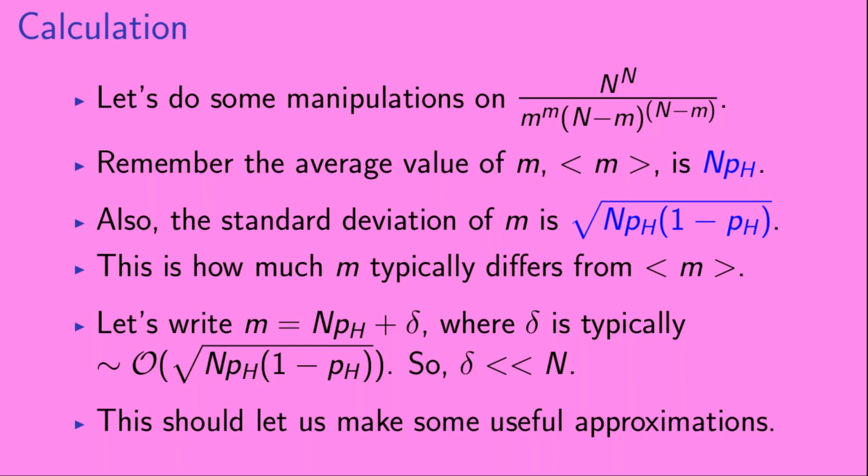Now, the standard deviation is approximately about how much m typically differs from its mean value. So let's write m as n ph plus delta, where delta is typically of order the square root of n ph 1 minus ph. So delta is much less than n. This should let us make some useful approximations.